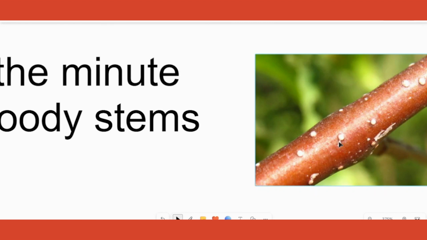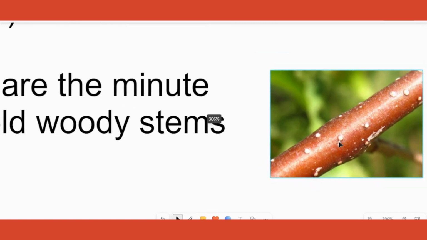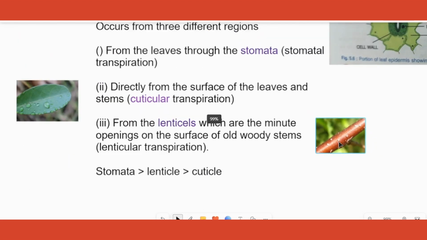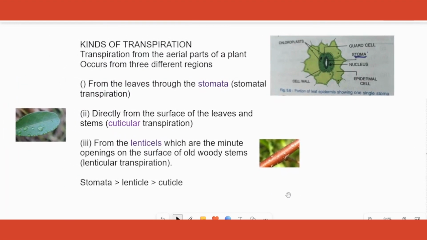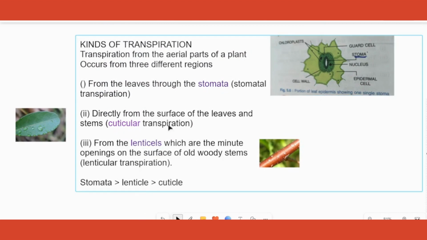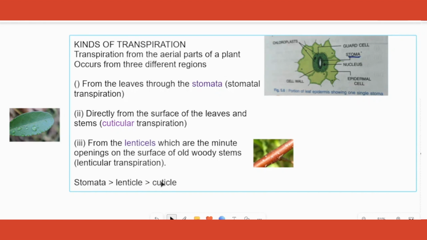These are called lenticels, and from all these three, water can be lost in the form of water vapor, and that is called transpiration, whether it is stomata, lenticel or cuticle. Now, which is the highest, which is the lowest, you should know. Stomatal transpiration is the highest. Second would be from the lenticels, or lenticular transpiration, and the least amount is from cuticle.